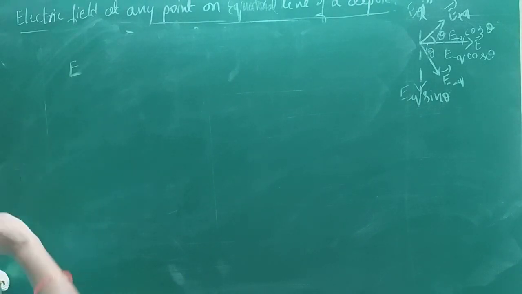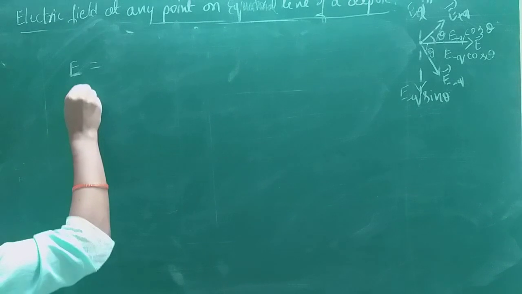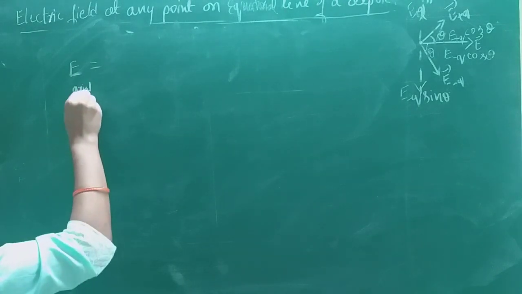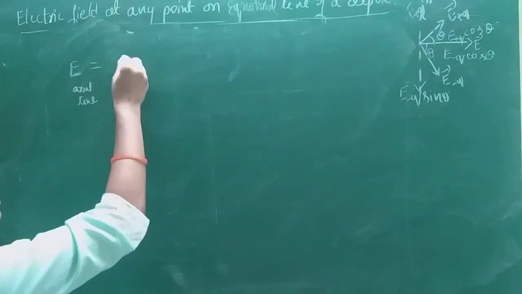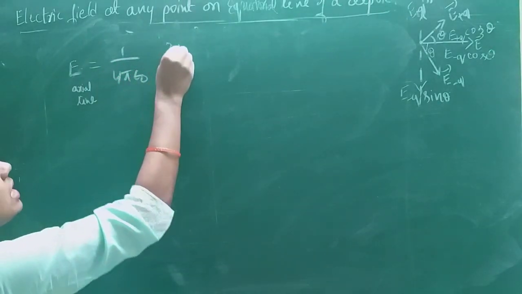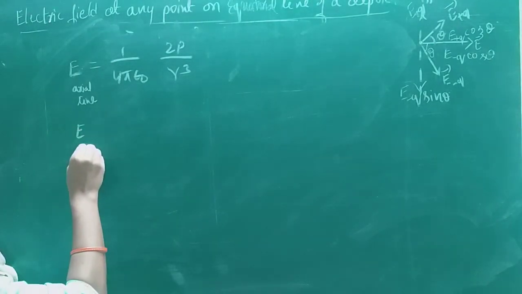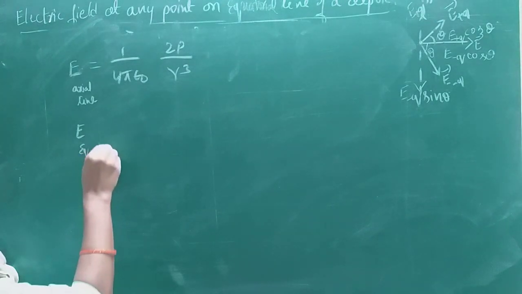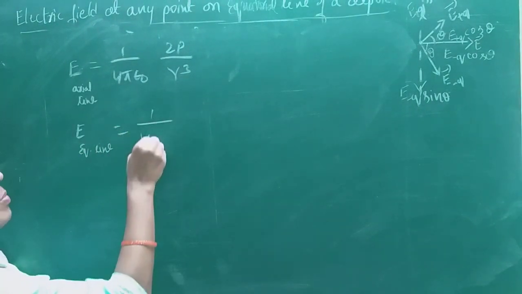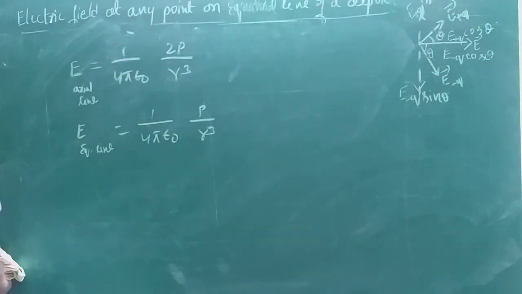The electric field at any point on the axial line is given by E is equal to 1 by 4 pi epsilon naught 2p divided by r cube. And electric field at any point on the equatorial line is given by 1 by 4 pi epsilon naught into p by r cube. See.